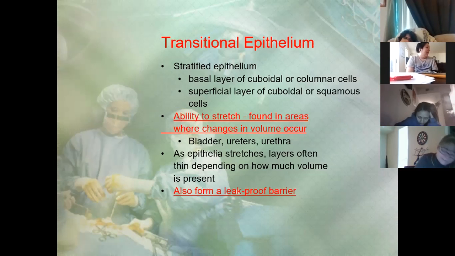You start bearing down, and every now and then, as you're doing that abdominal push, you get a little trickle of urine. Well, that's brand new urine. That's urine that your kidneys just sent down. With a little trickle. So that's because of your transitional epithelium. I don't have these little trickles of urine going down my legs all of the time.